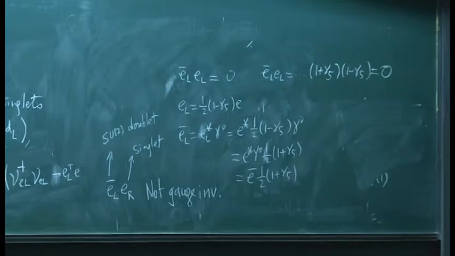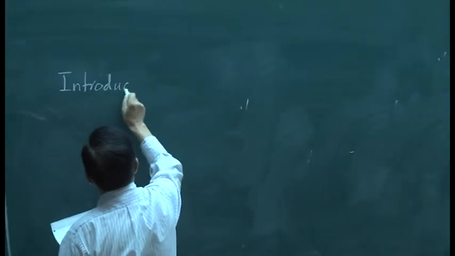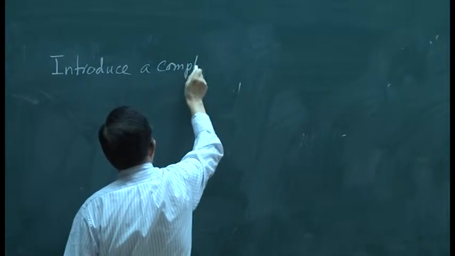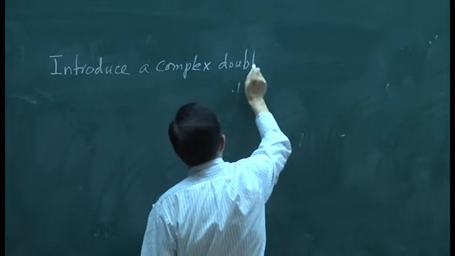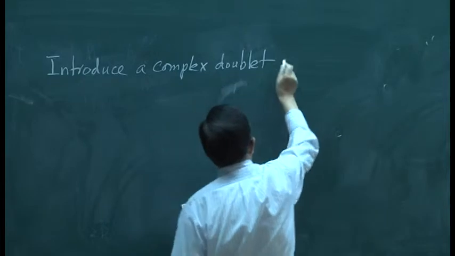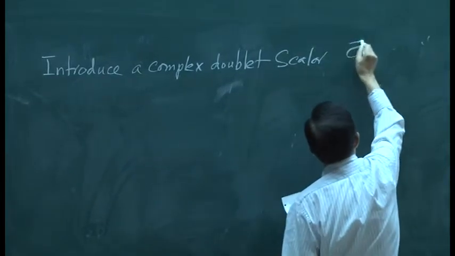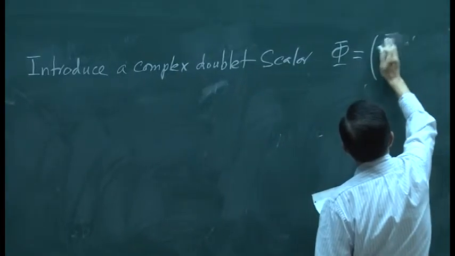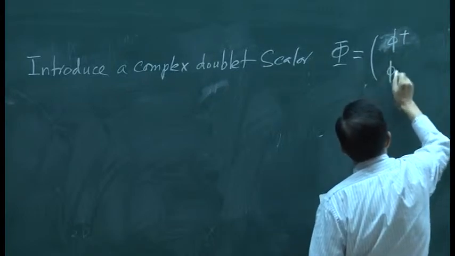So we have to introduce a complex scalar doublet, phi equal to phi plus and phi 0.